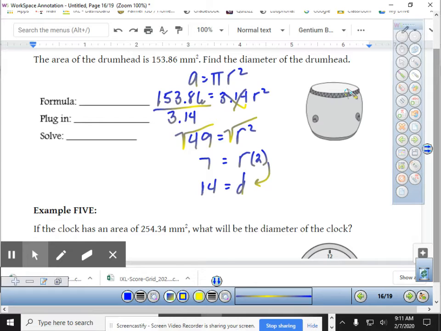The formula is on the board. Can't see it? I can light it up for you. Right there. So in green, it's the top one. That's the one I would use. C equals what? Pi times d.